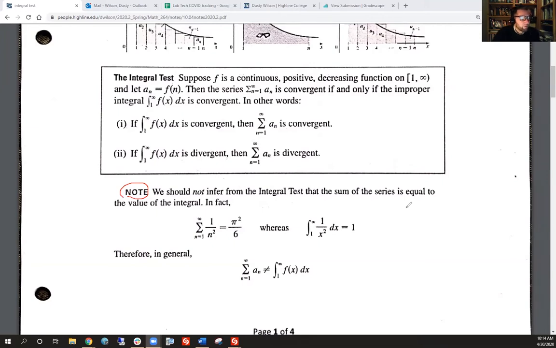So the thing is that the test tells you whether something converges or diverges. If it converges, then you still have to figure out what number it equals.